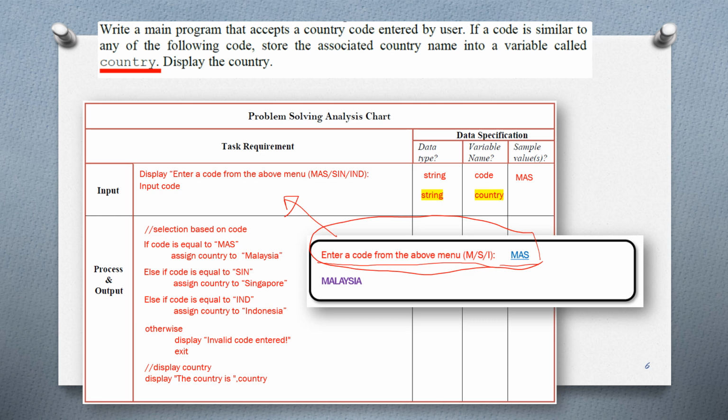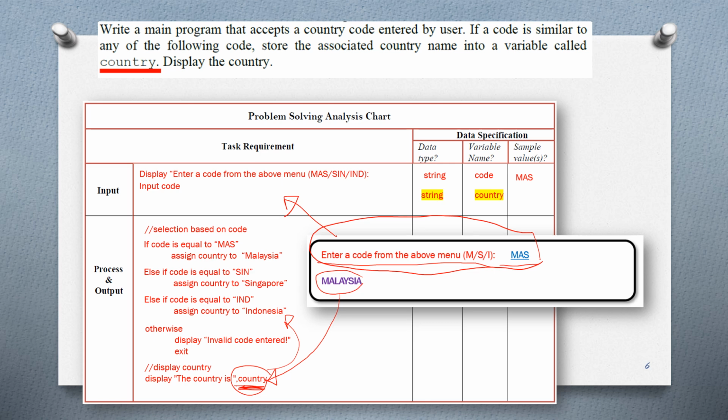And this part here, you want to display the country with whatever value is stored in country, but this country gets its value from the previous selection.